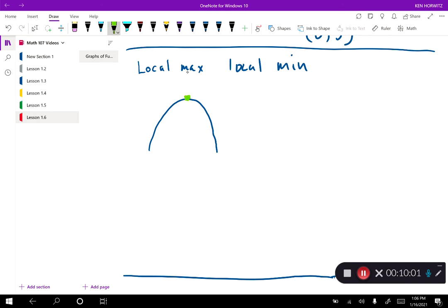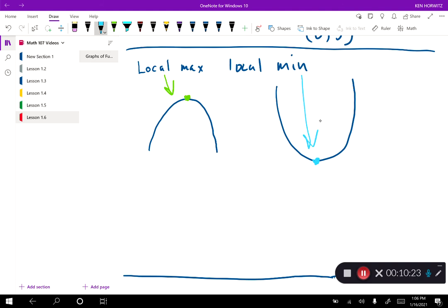It is called a local max. All right? The exact spot where it switches from increasing to decreasing. Just the same, the spot where it changes from decreasing to increasing, I'll use blue, there we go. That exact spot is called a local minimum.